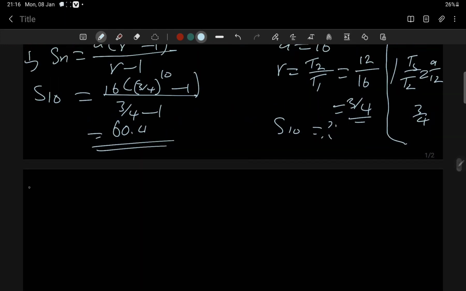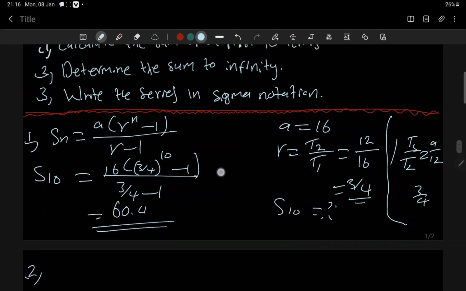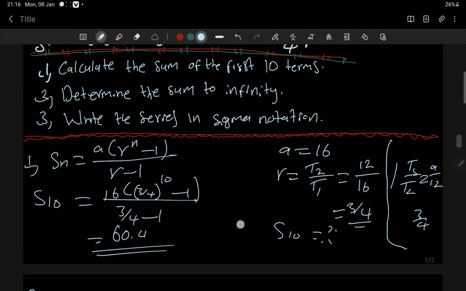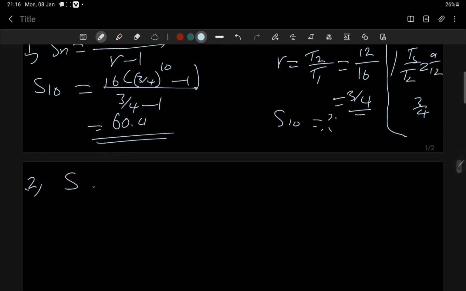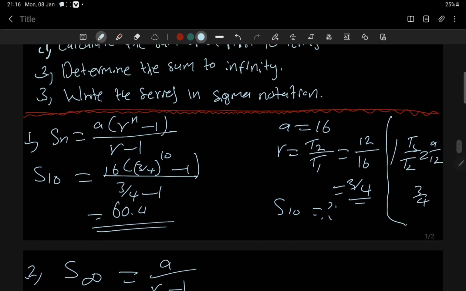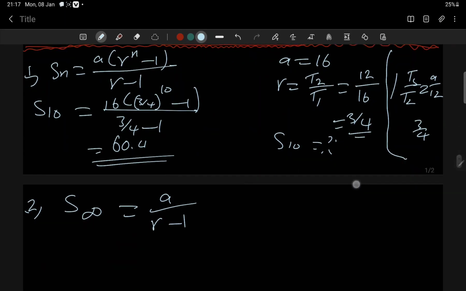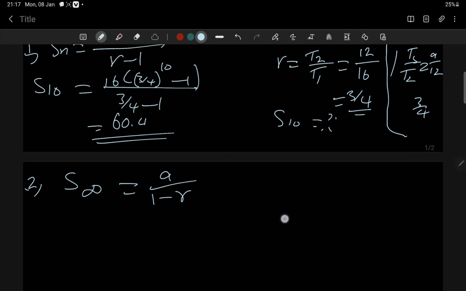Next page is then number 2. What's the question? Determine the sum to infinity. The sum to infinity is given by A over 1 minus R. Sorry, my mistake here, 1 minus R. Yes.